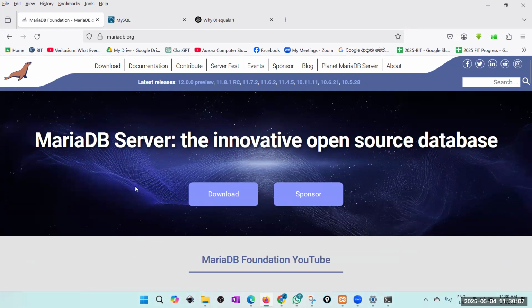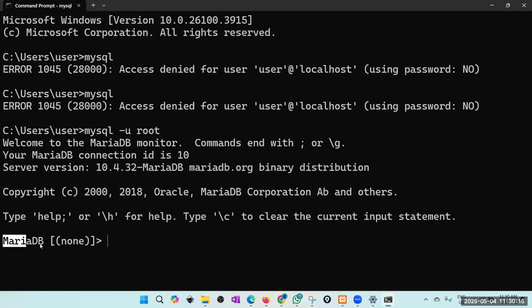MariaDB is fine for us because it is the open source version of MySQL. That is why I got this prompt saying MariaDB. But if you install something else like WAMP, I think maybe you are getting MySQL, because MySQL also has a free version, but not a 100% free and open source version. We will be using SAMP. Therefore, we will be connecting to MariaDB, the free and open source version of MySQL. So that is how you start with the database.